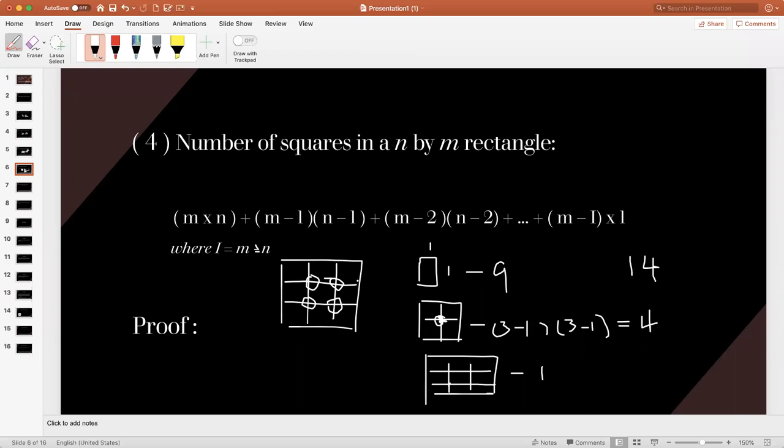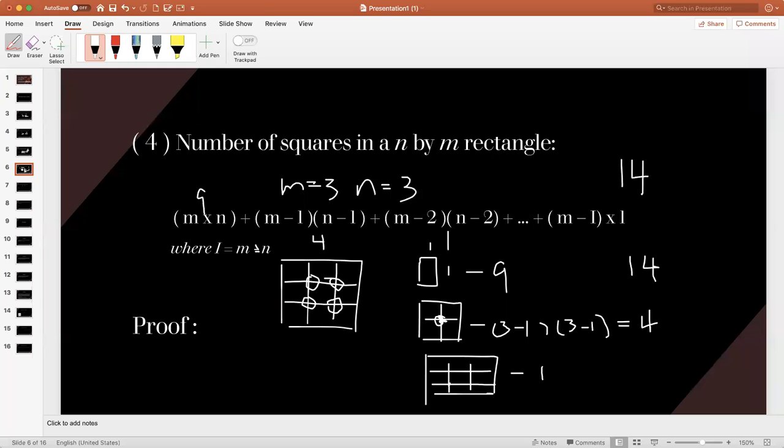So now let's plug it into the formula to see if it actually works. If m is 3 and n is also 3, if we plug it into the formula, it starts off with a 9, and then we add on a 4 here, and then we add on a final 1 here. We add this total up, and our sum is also 14.